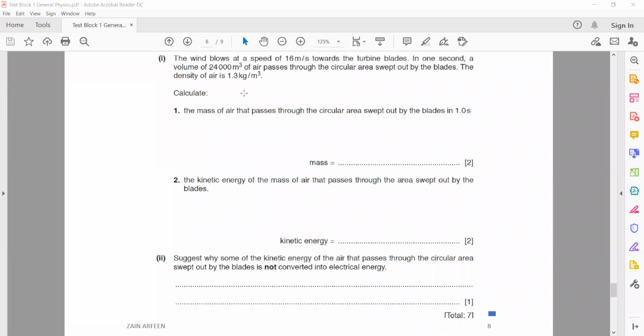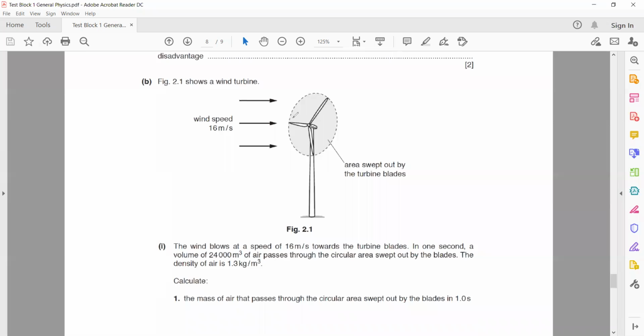Then: suggest why some of the kinetic energy of air that passes through the circular area swept out by the blades is not converted into electrical energy. Like, why not all the kinetic energy converted into electrical? Because as the air is passing through the blades, not all the air is in contact with the blades. You can see, because these are the blades. So not all of the air which is flowing is in contact.